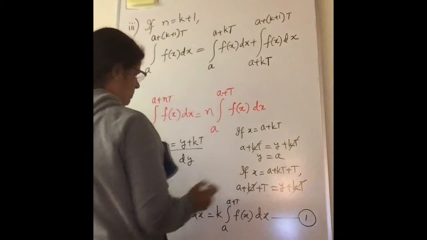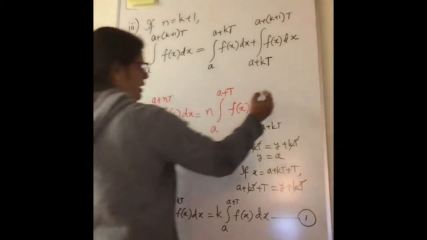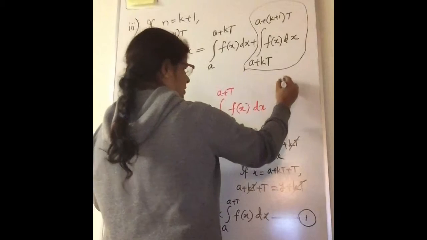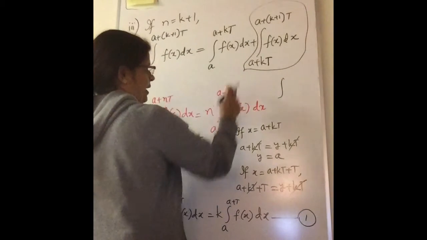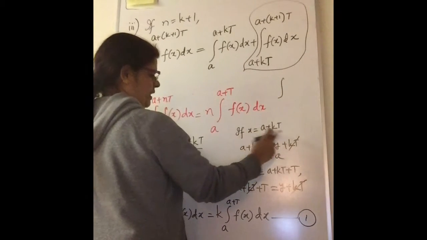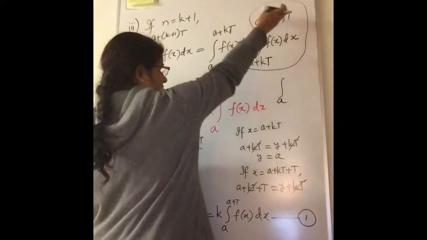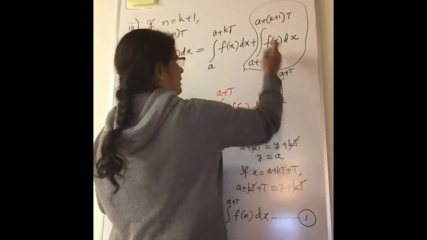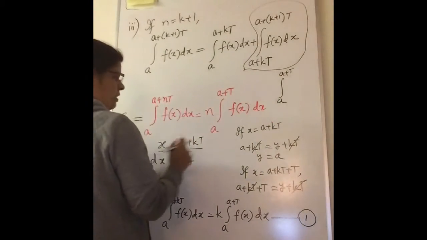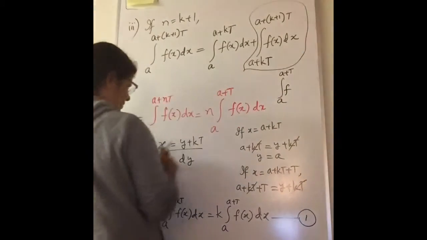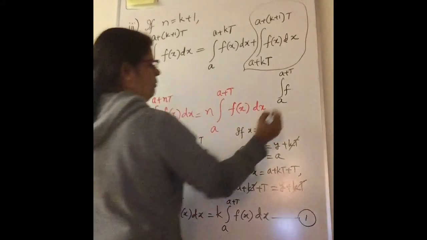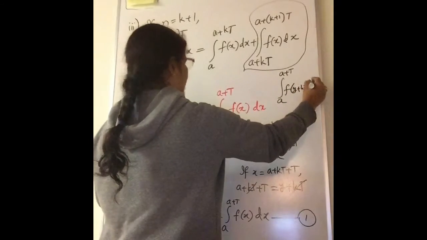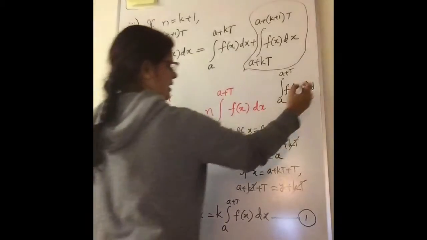That is y is equal to a plus T. So we can write this part as integral lower limit at place of a plus kT, we have to take a, and upper limit is taken as a plus T. And this function also becomes f of, in the place of x, we have to take y plus kT. And then dx is dy.